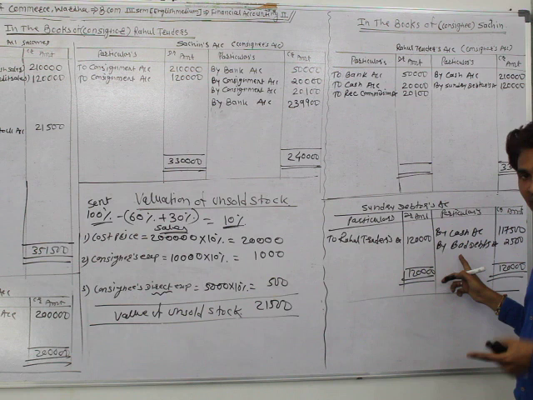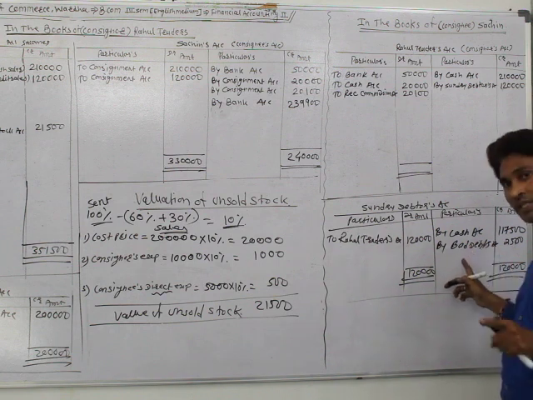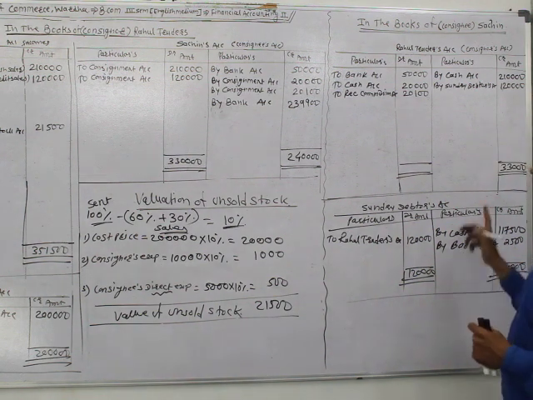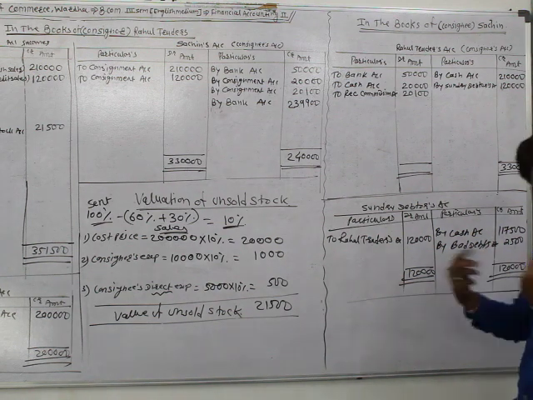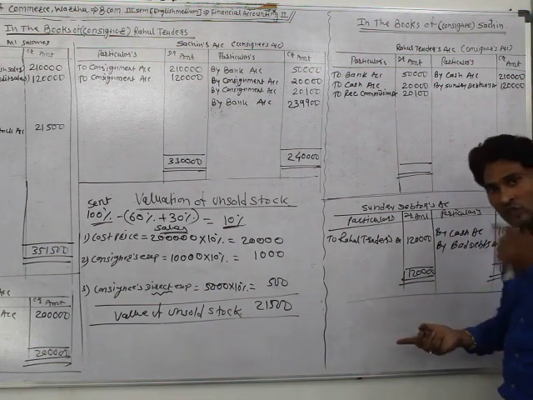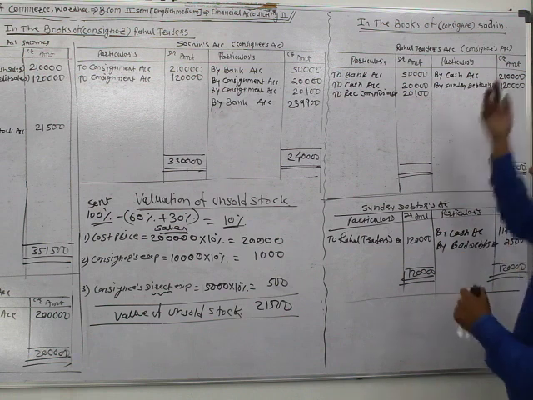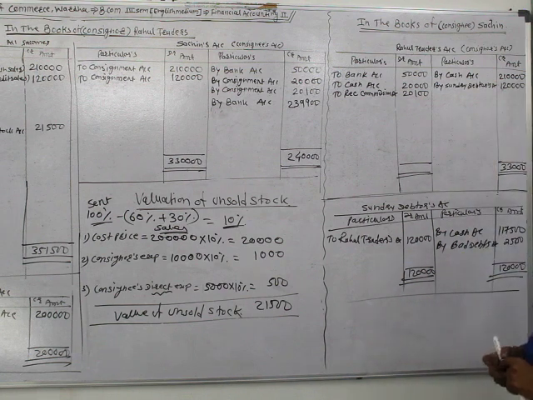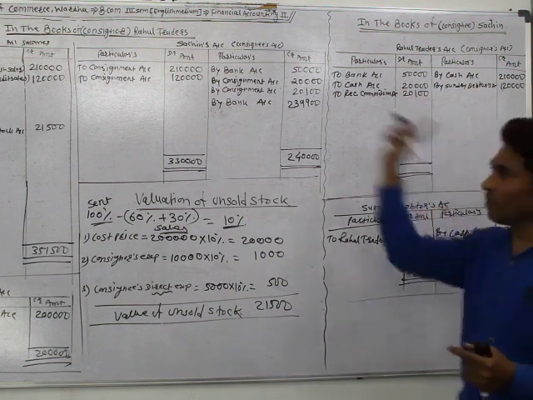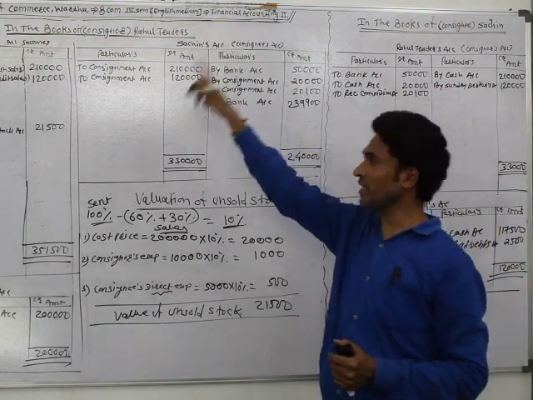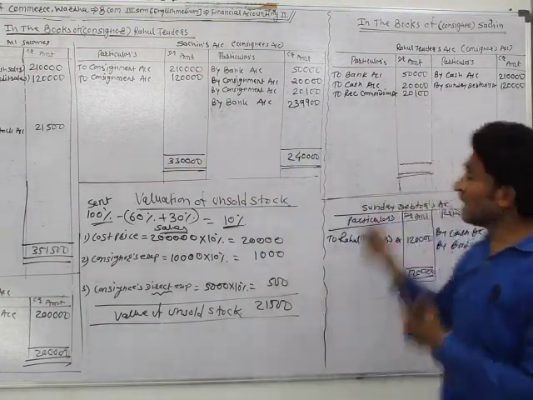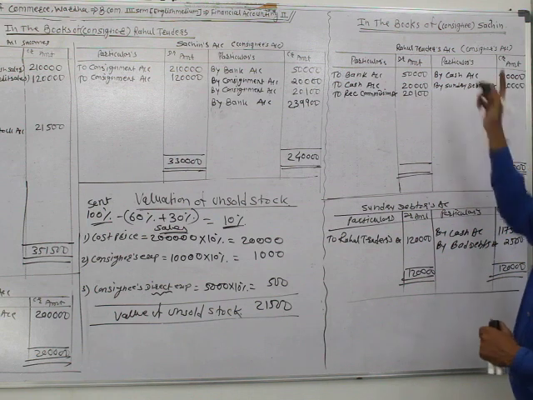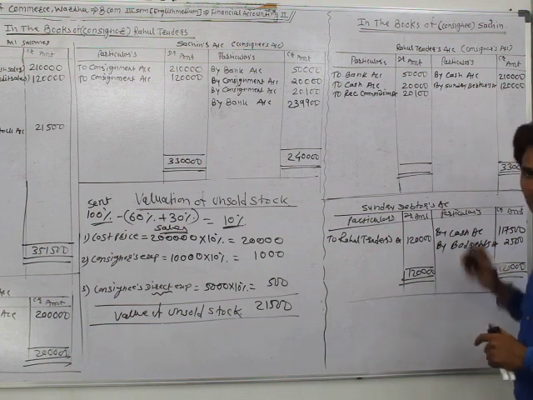The bad debts are recorded in the books of the consignee because it received the del credere commission. Since it has allowed the del credere commission, the bad debts become the consignee's loss, not the consignor's loss. So the consignor never passes a journal entry for this bad debt.